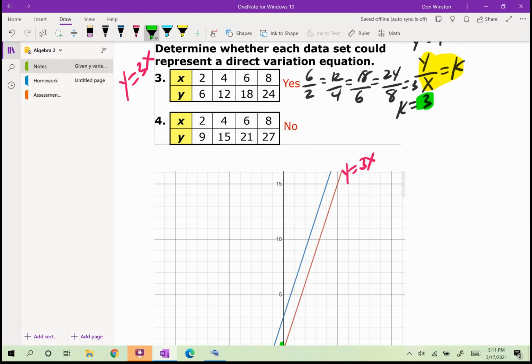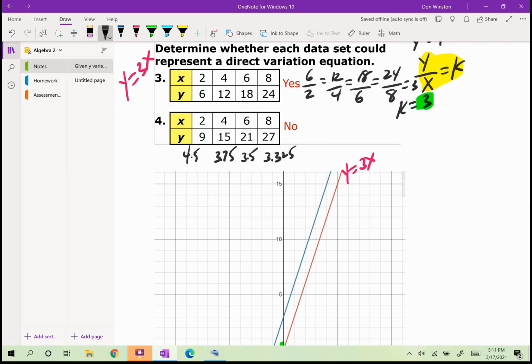Now, number 4 is not a direct variation equation, because if I take each y and divide it by x, 9 divided by 2 would be 4.5, and then 15 divided by 4 would be 3.75, and then 21 divided by 6 would be 3.5, and then 27 divided by 8 would be 3.375.